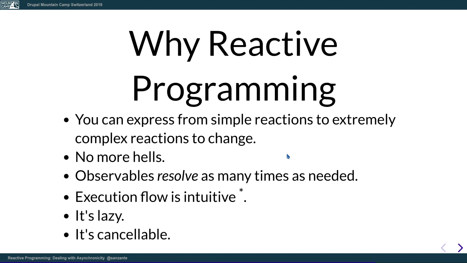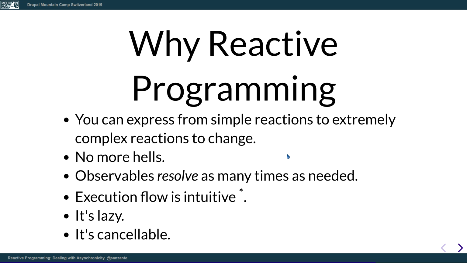Because you can express a lot of things with it. For example, callbacks only express simple reactions, and promises not so simple, but they are simple as well. And using reactive programming, you are not going to nest the code, so you are not going to see any reactive programming hell or something like that.